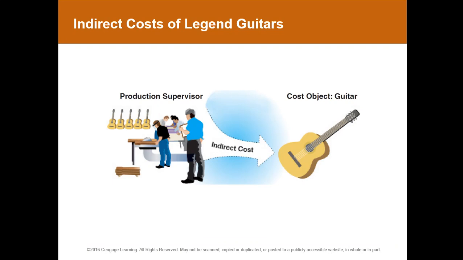So we come up with a way to allocate those costs. Indirect costs, again, those costs we can't specifically identify, but we know are somewhere in that product. That becomes part of our overhead.